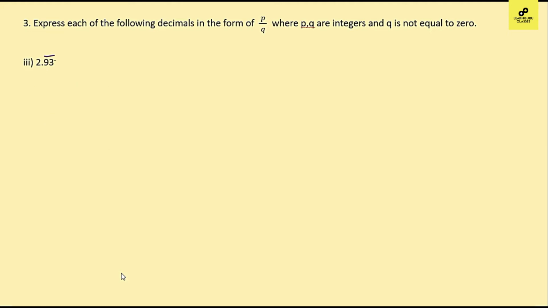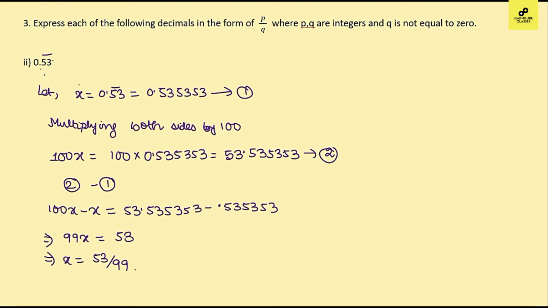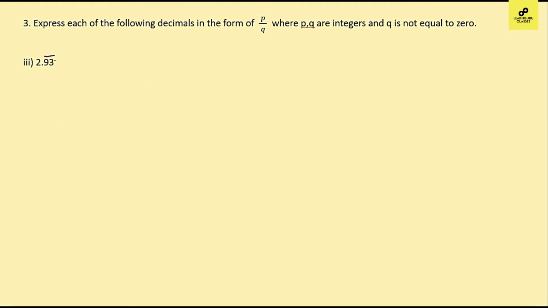Okay, the next sum is 2.93 bar. In the previous case the entire thing was within the bar and no digit was before the decimal. But here one digit is before the decimal, and it hardly matters. You will continue with the same procedure as in the earlier sums. So let x equal 2.93 bar, which can be written as 2.9393.